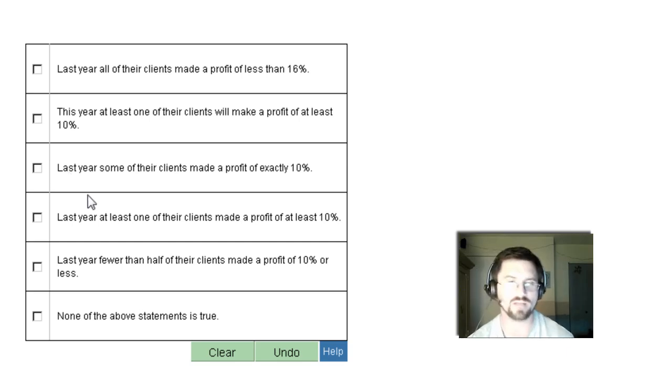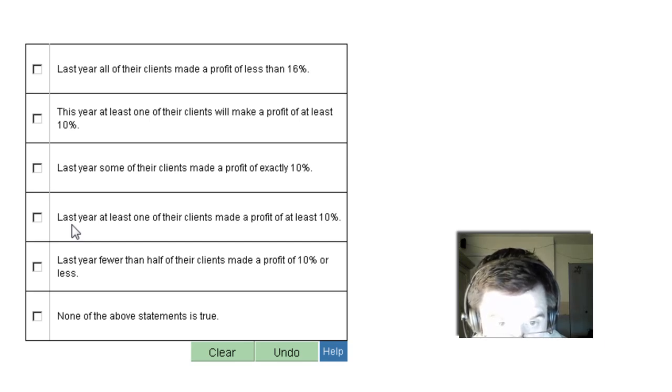Next box. Last year, at least one of their clients made a profit of at least 10%. If at least one made 10%, so they're saying at least one made 10% or more, and that has to be true for the average to come out 10%. Does that make sense?